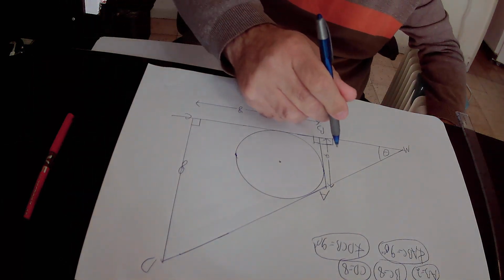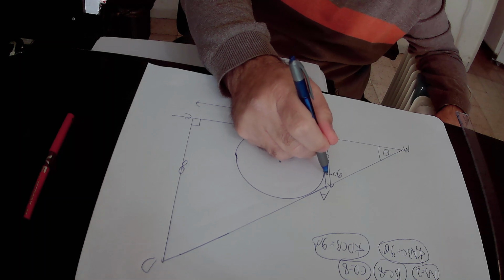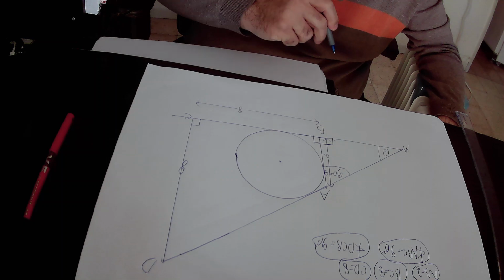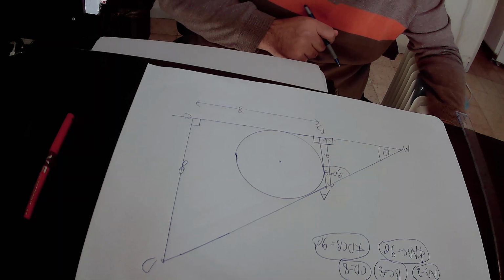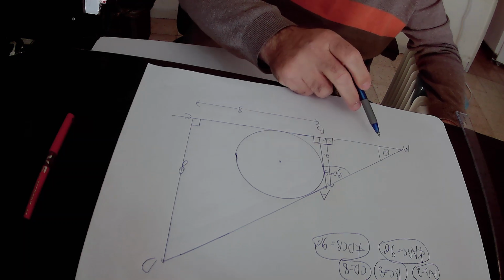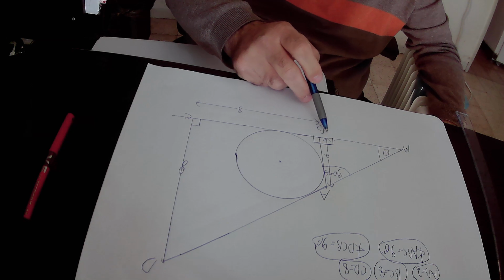Therefore, the missing angle must be equal to 90 degrees minus theta. Why is it 90 degrees minus theta? Because 90 degrees minus theta plus theta is 90 degrees, and 90 degrees plus 90 degrees is 180 degrees. That is the sum of the angles in any triangle.